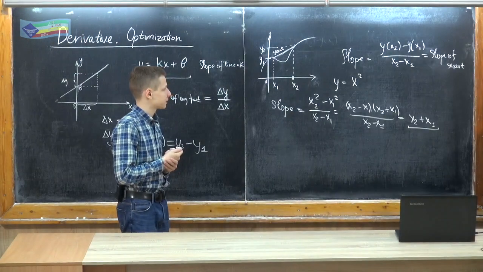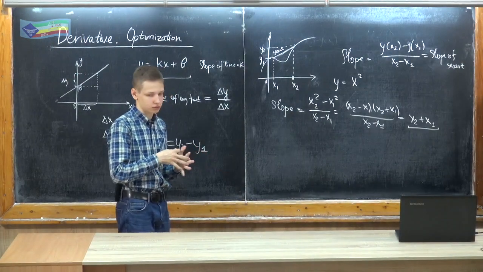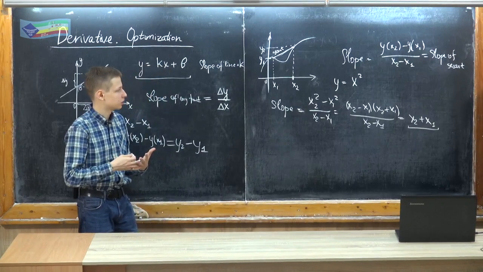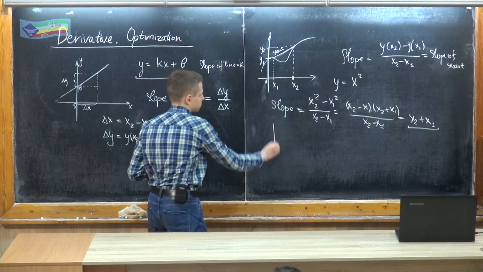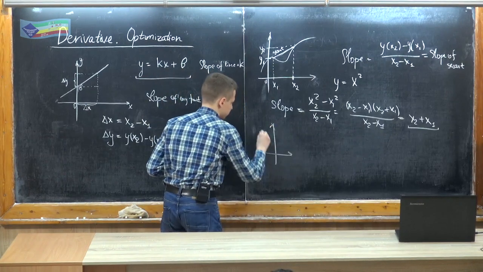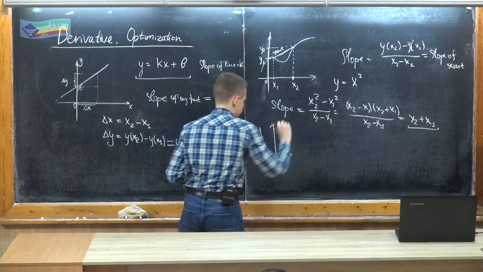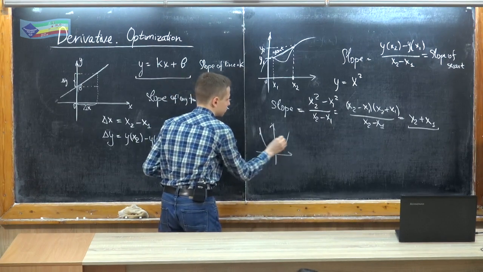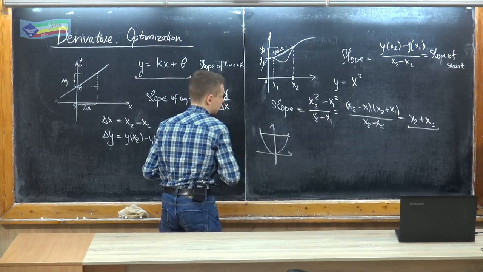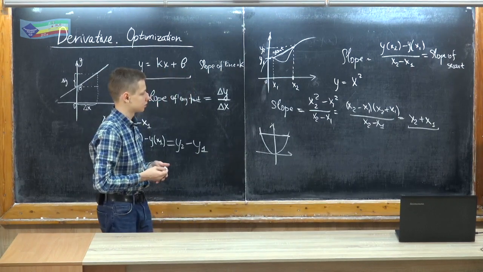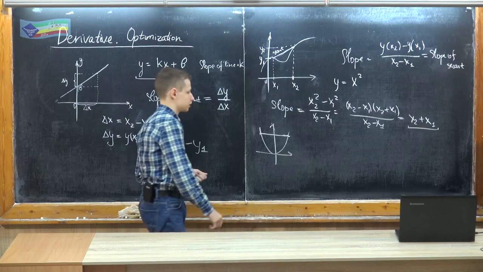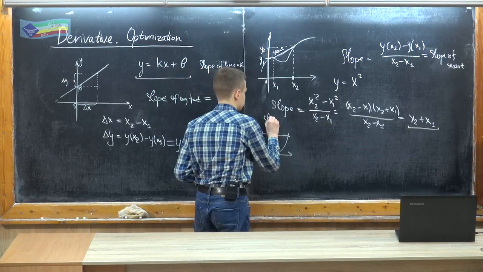So if we take very big x2 and x1, then obviously the slope won't tell us about the local behavior of the function. So, like, this is our quadratic function, and if we take opposite points, then the slope of this line will always be equal to 0, and it won't tell us anything.